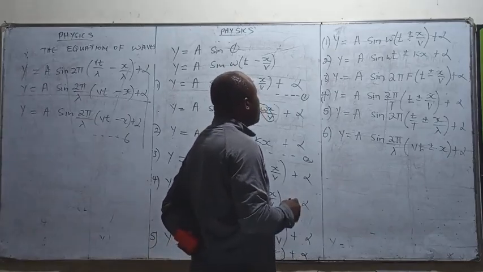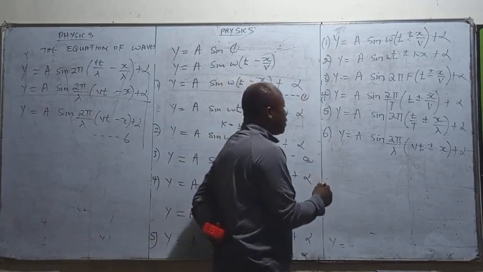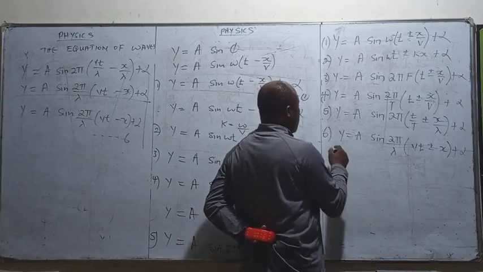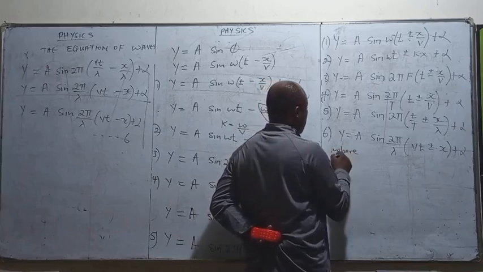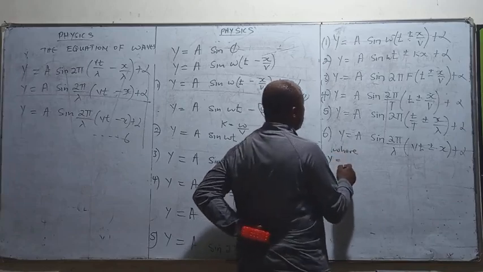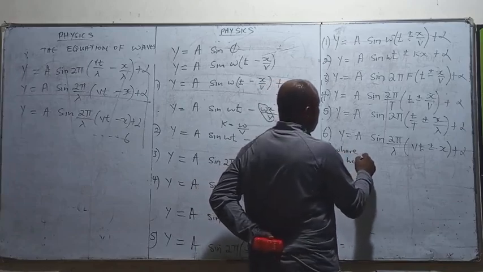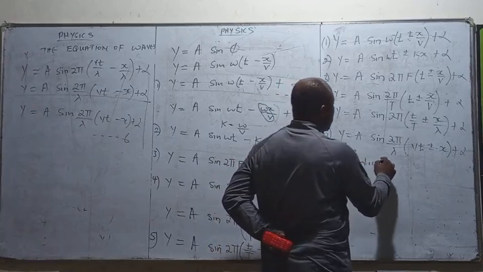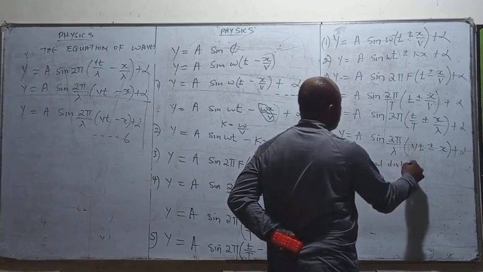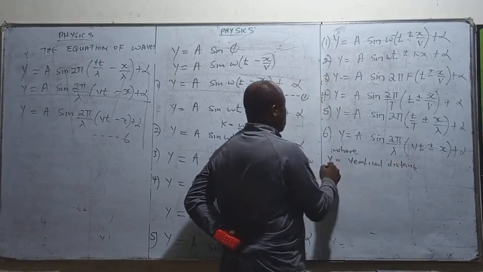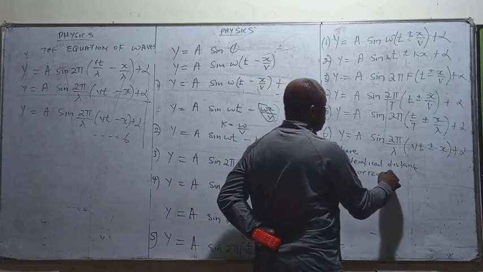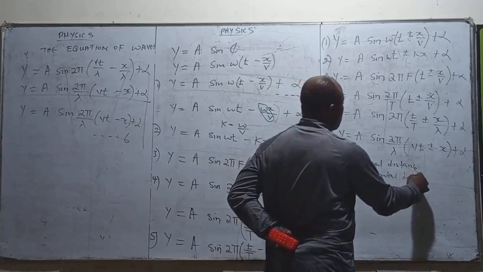But we need to interpret the various parameters here. Let's quickly interpret them. We have here where y is equal to vertical distance. x is equal to horizontal distance.